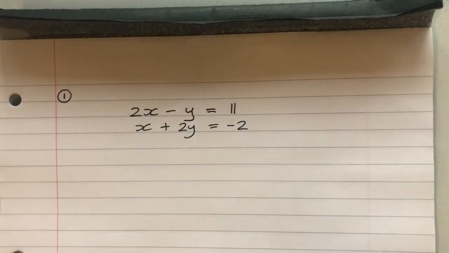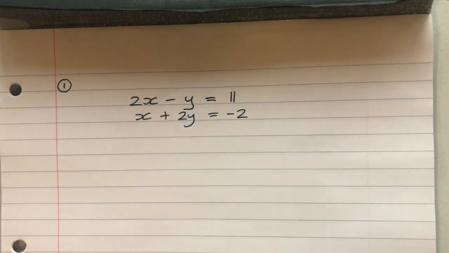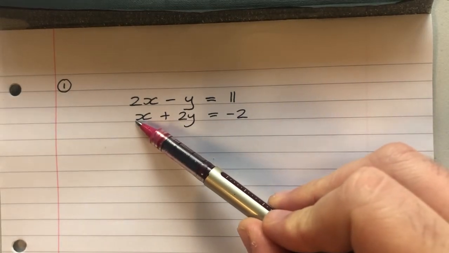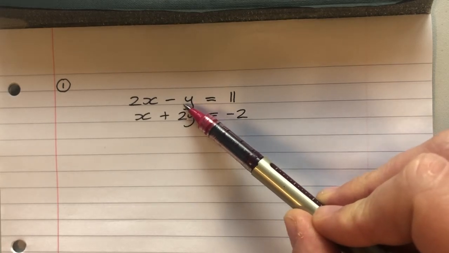So let's have a look at this example. We've got 2x minus y equals 11, and x plus 2y equals minus 2. First of all, I'm going to look across the two variables and decide which is the best coefficient to make 0. In this case, I've got a 1 here and a 2 here, or I've got a 2 and a minus 1 here.